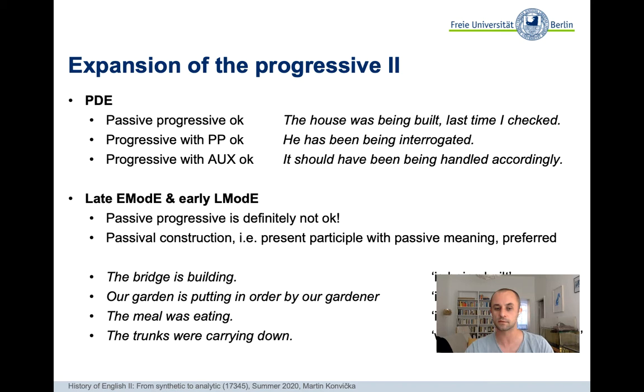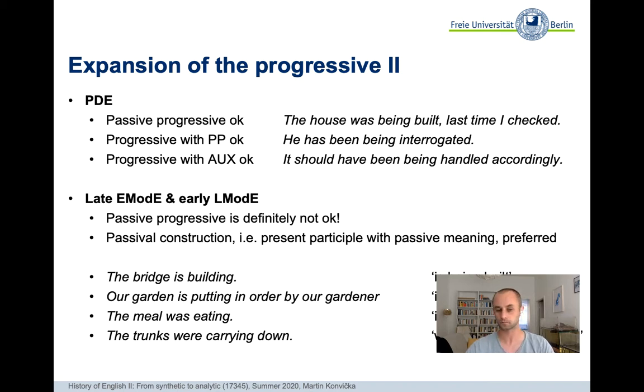Is putting in order would be used. This is the passival form instead of is being put in order. Or the meal was eating, instead of the meal was or is being eaten. And last example, the trunks were carrying down instead of the trunks were being carried down, right?